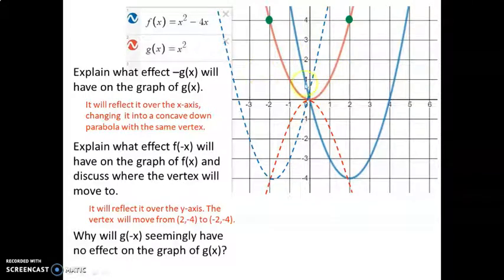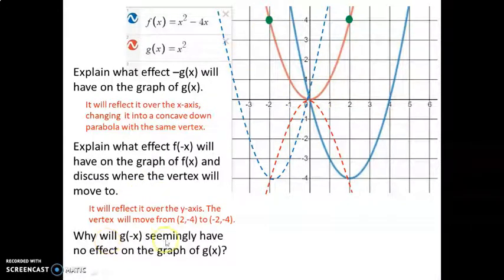Well, it will be like spinning it around this line here. This is the y-axis, right? If a parabola is spinning around this line here and it has its vertex at the center here, there's no effect because this half of the parabola will end up where this half is right now, and this half of the parabola will end up where this half is. So it's just flipping it around, but it will sit on top of its old self.